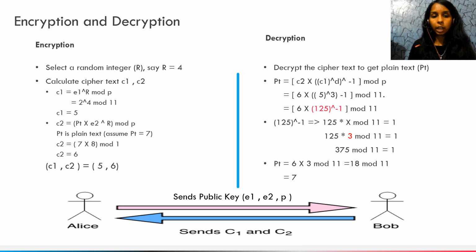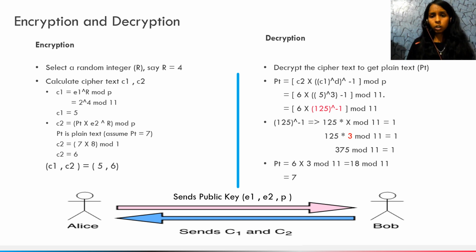Similarly we calculate C2, which is equal to PT times E2 to the power R mod P, where PT is the plain text, that is the secret message we are sending. We assume PT as 7. After using the values, we get C2 as 6. Finally the ciphertext C1, C2 is 5, 6, which is sent to the receiver to decrypt the message.